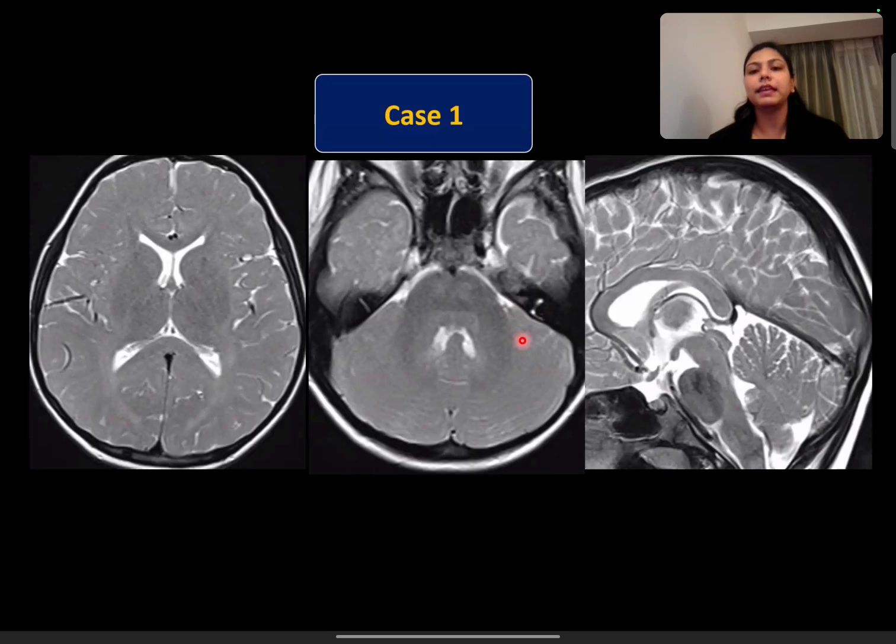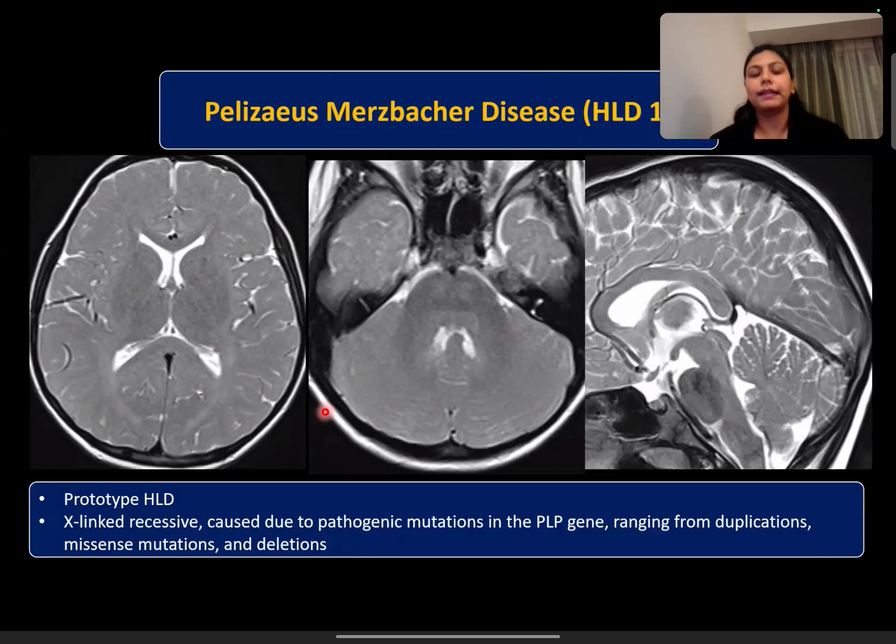And what we see in the brainstem is that there is involvement of the white matter of the brainstem as well, but there is sparing of the ventral brainstem white matter, like the ventral pons is spared except for the corticospinal tract.